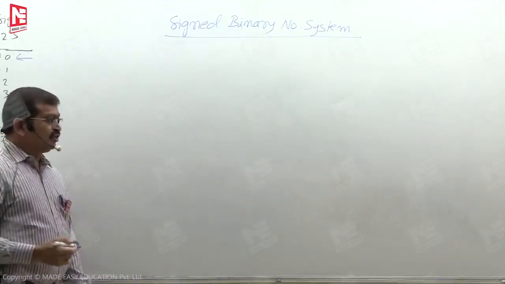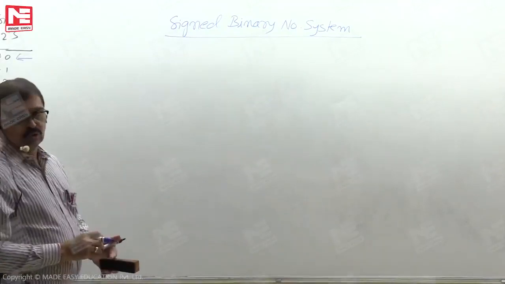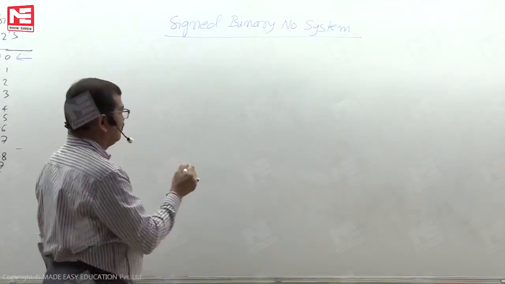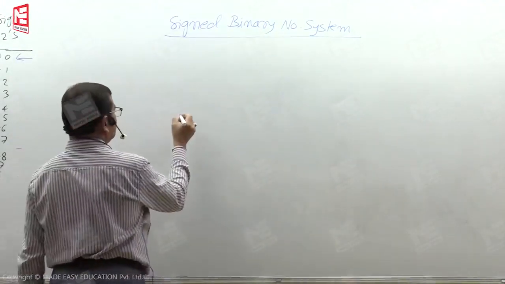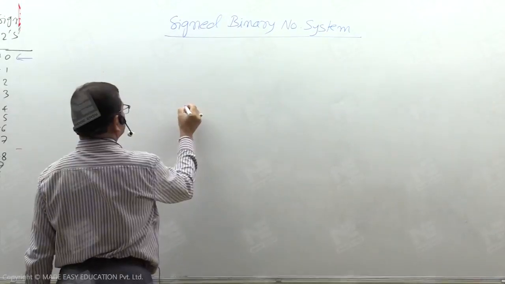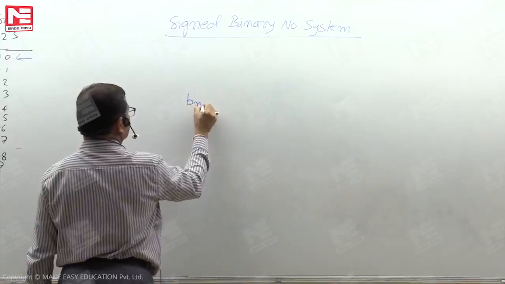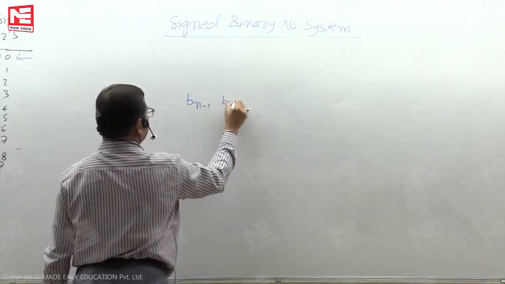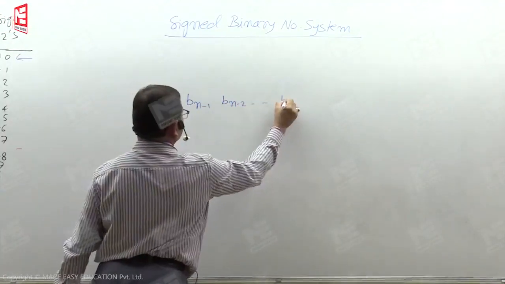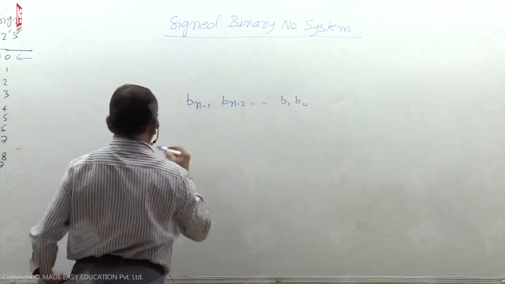Let's look at a little more discussion on 2's complement, a few other points. Suppose we have a number b n minus 1, b n minus 2 and so on, down to b1, b0.